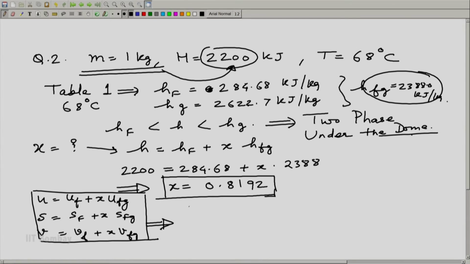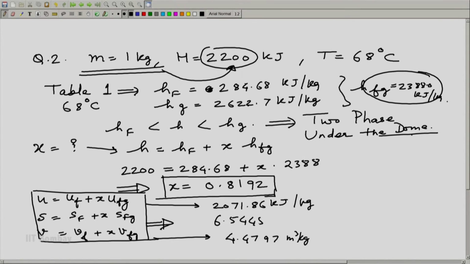I am not going to do all the calculations. The value of u is 2071.86 kilojoule per kg, the value of v is 4.4797 meter cube per kg, and the value of s is 6.5448 kilojoule per kg Kelvin.